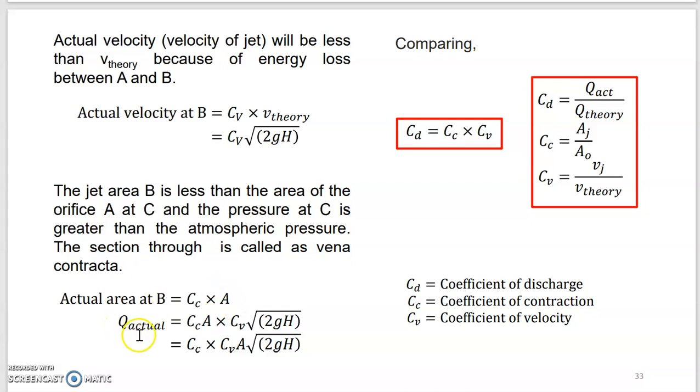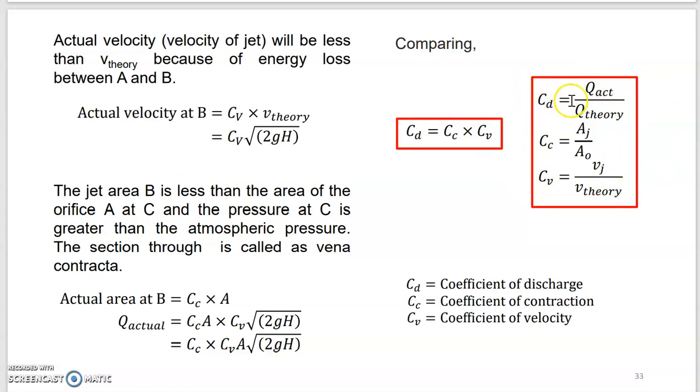So the actual flow rate is CC times A times CV times the square root of 2GH. By comparing, the coefficient of discharge equals CC times CV.